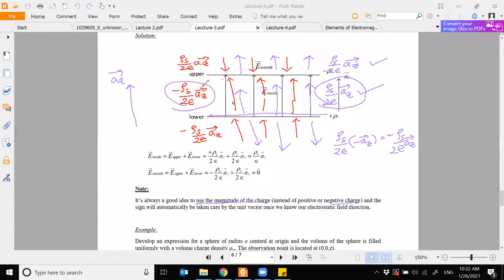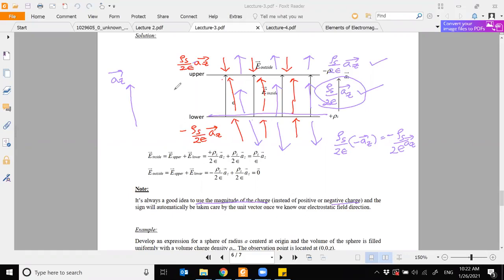And now let's come here, this red one. So now let's correct this. So what should it be? I am working with magnitudes. So let me erase this and let us work with magnitude.